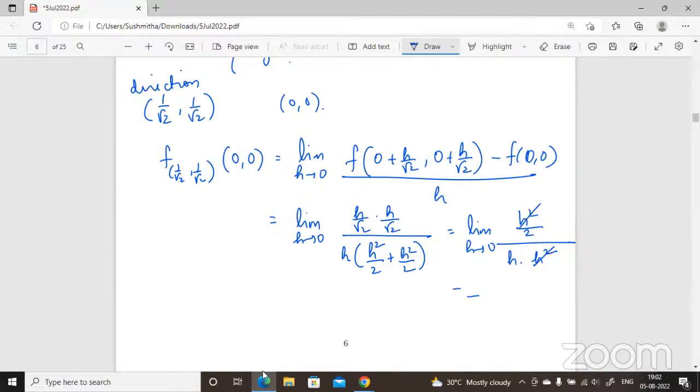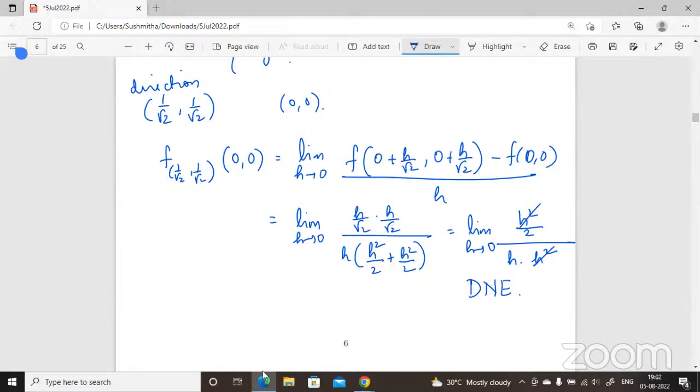Yes. If only h is there and 0 comes as the output, then it exists, no? And the directional derivative at the point 0, 0 is 0 if the answer is 0.